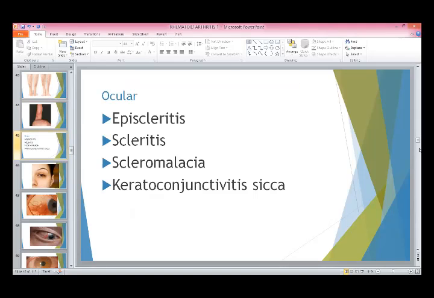Eye involvement has a number of complications like episcleritis, scleritis, scleromalacia, that is thinning of the sclera, then keratoconjunctivitis.